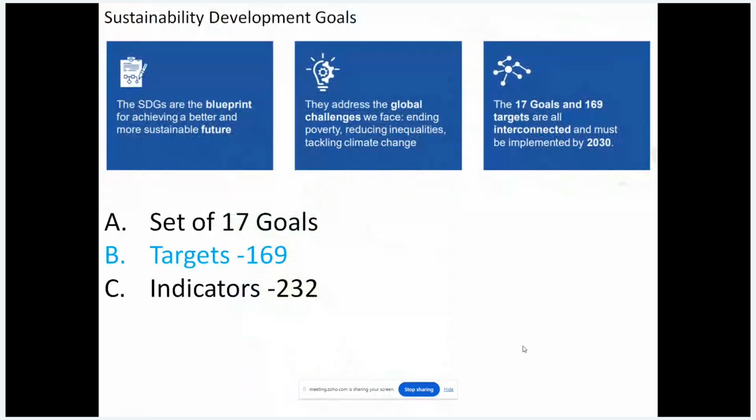So the Sustainable Development Goals, the SDGs, are the blueprint for achieving a better and more sustainable future. Sustainability, what does it mean? That we have to use the resources in a manner that we are not depriving our future generations of these available resources or the activities they want to do.